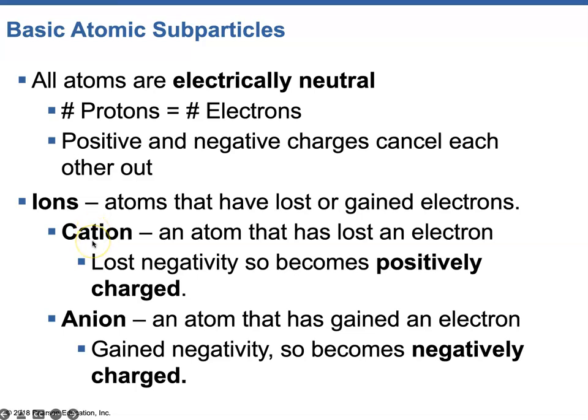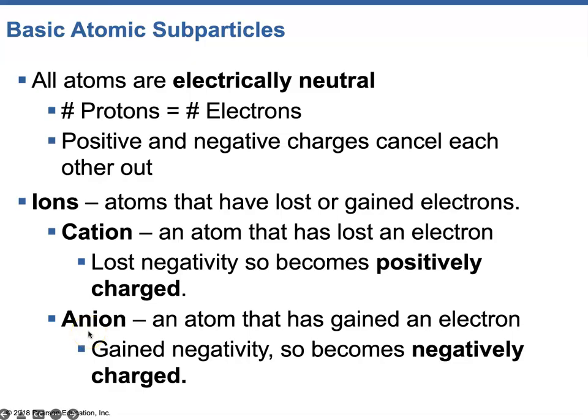What happens here is when an atom has lost an electron, it got rid of negativity. When you lose negativity, you become more positive, just like in real life. When you get rid of a negative thing in your life, you hopefully become more positive. So the word for a positively charged ion is called a cation.